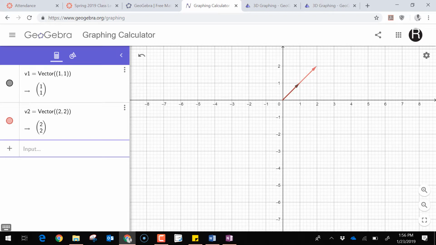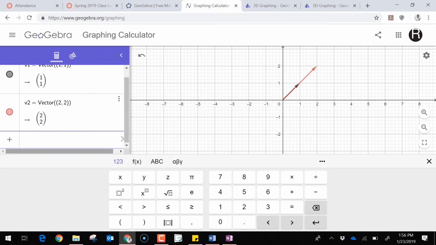So if those two are aligned, then they're dependent. So if we compare that with our third vector, these two are not going in the same direction, so they're linearly independent.